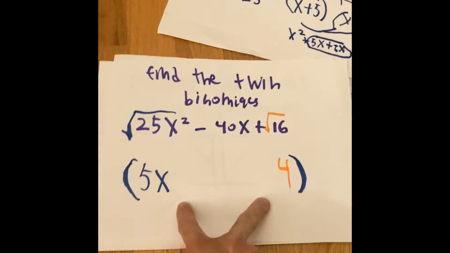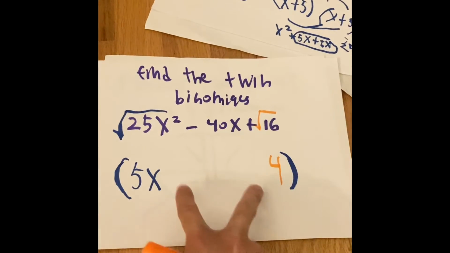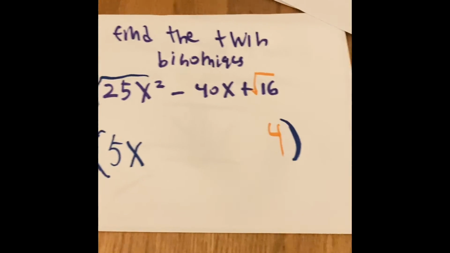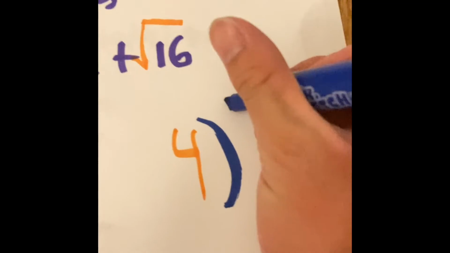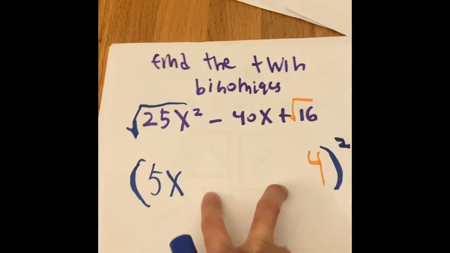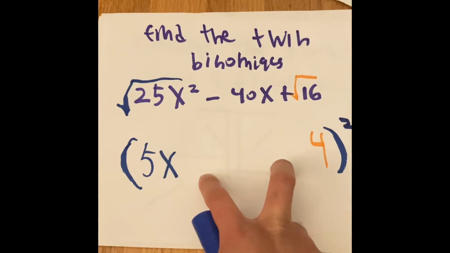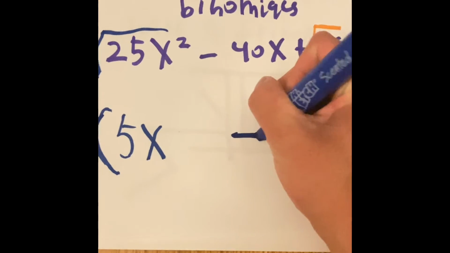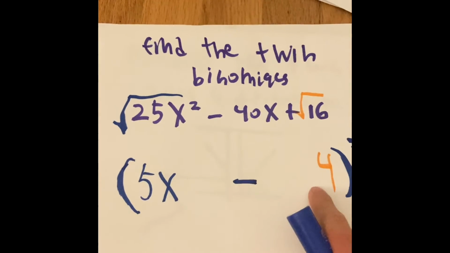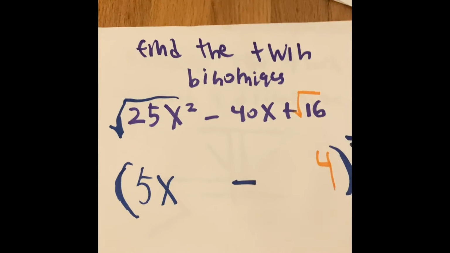So we are going to put parentheses around it with a square, because we are trying to find the twin expressions, so it's multiplied by itself 2 times. We're going to add a subtraction symbol because we have a negative 40x, and negative 4 times negative 4 is a positive 16.